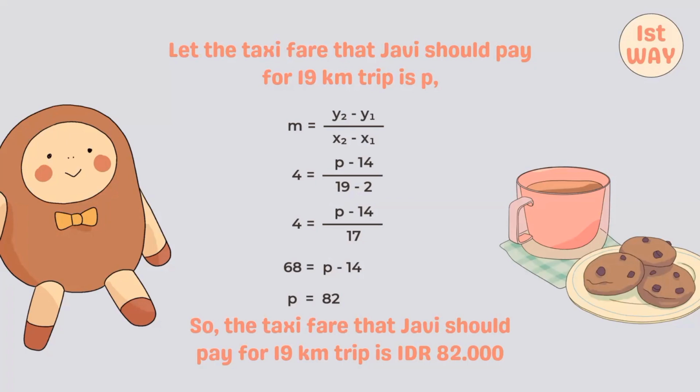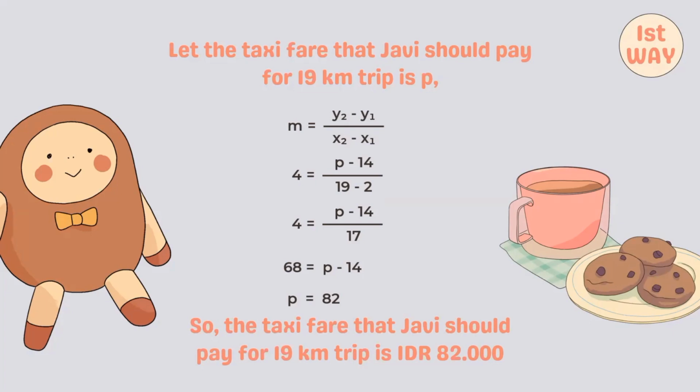But here, I choose point A. It is point 2, 14. So we will get x1 is 2, y1 is 14, x2 is 19, and y2 is P. When we calculate it, we will get P is equal to 82. It means the taxi fare that Javi should pay for the 19-kilometer trip is 82,000 Indonesian rupiahs.